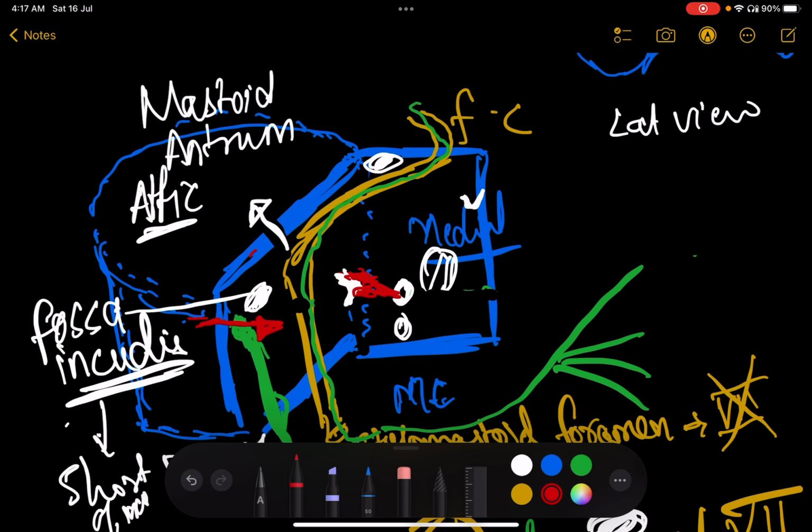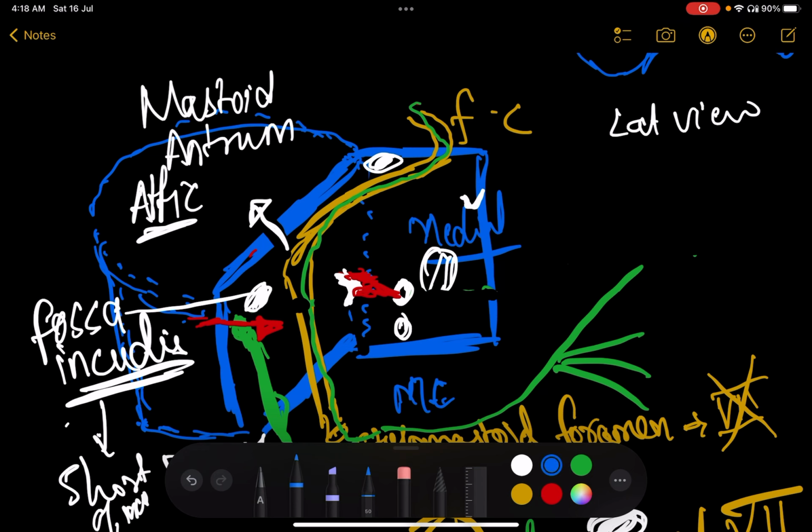And where onto the stapes, if this is your stapes and this is your oval window, the muscle itself would attach out here, like a rope on the neck of the stapes. That's literally why it's called that. The stapedius muscle is attached on the neck of the stapes.